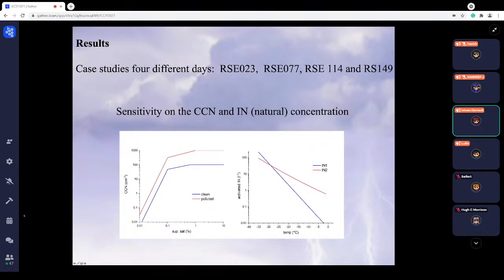It means that we used 2 different CCN concentrations and 2 different functions, which describe the temperature dependence of the activation of the natural ice nuclei. I mean, here there is the activation of the deposition nucleation and the condensation or freezing nucleation of the natural ice-forming nuclei. Next slide, please.